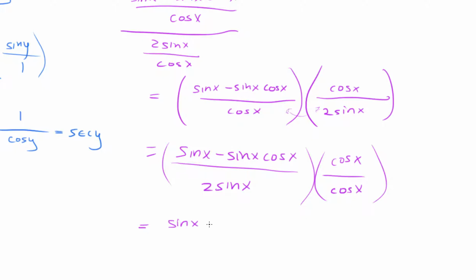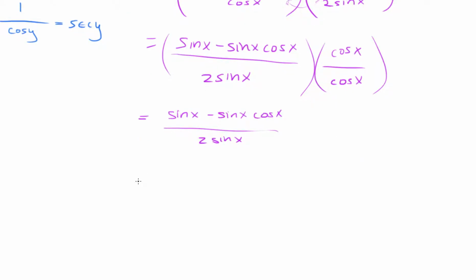So I'm left with the left side: sine of x minus sine of x cosine of x over 2 sine of x. Okay. Now from here, I'm going to split the fraction in both subtraction and addition.